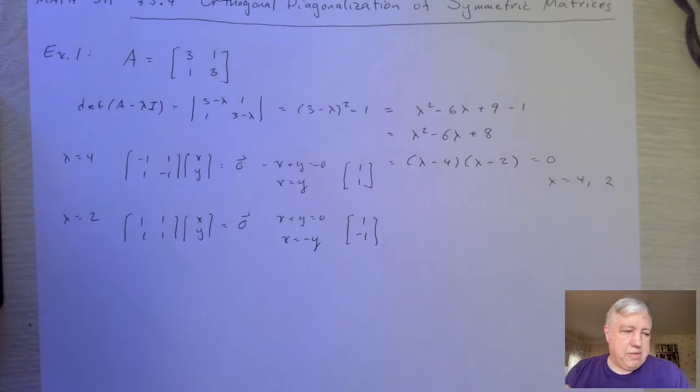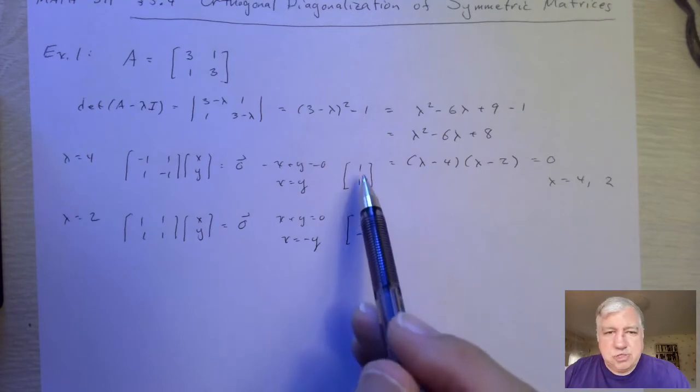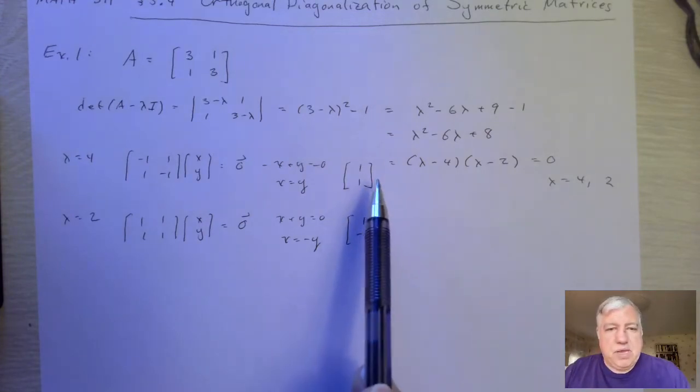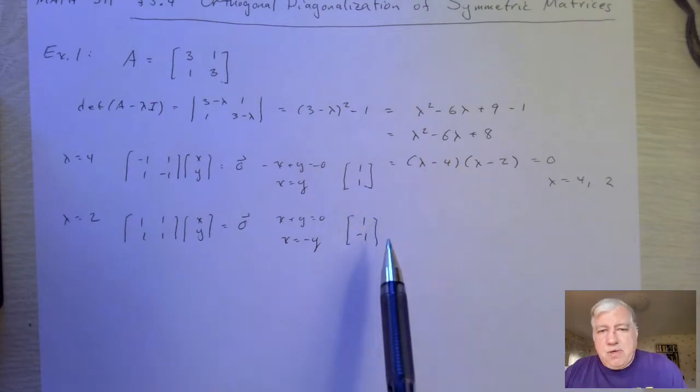But we're going to do one more thing. We are going to normalize these so that they are unit vectors. We can scale these by their own lengths, and because we're multiplying by a non-zero constant, that doesn't change their linear independence, their being eigenvectors, or their being orthogonal.